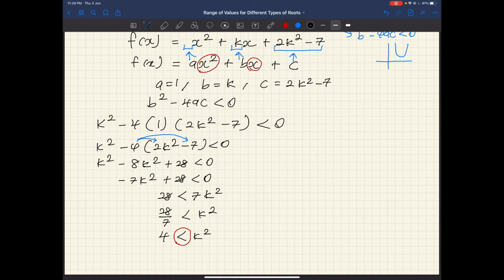So when you write it this way, you have to write with the same sign as well. The open face will be towards your k squared, and the 4 will be on the other side. You are not yet done. So now I have k squared greater than 4.